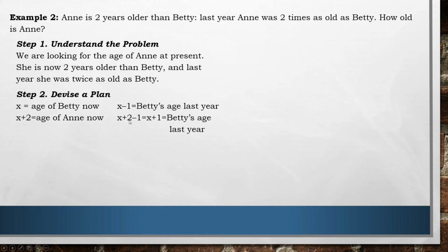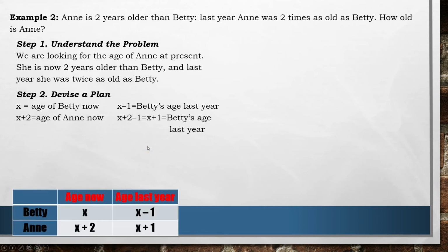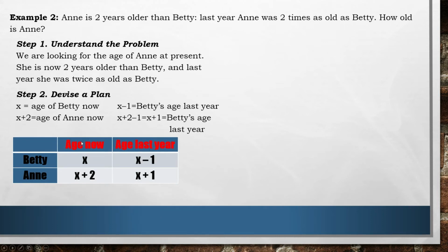Then x plus 2 minus 1 is equal to x plus 1, that is Anne's age last year. I'm sorry, this should be Anne's age last year. Okay, so having this as our table, this is the age of Betty now, x, and then the age of Anne now, and then this will be their age last year.